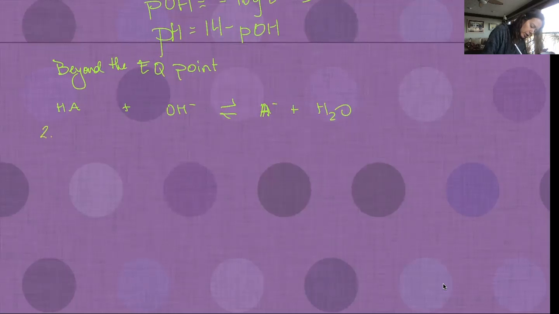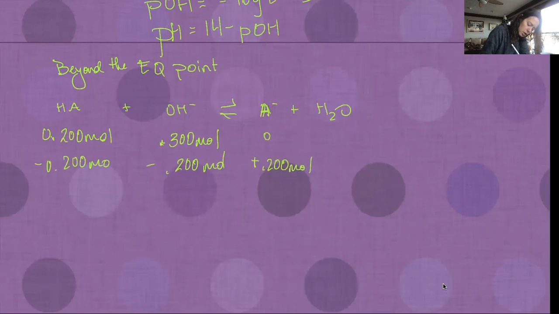We had 0.200 moles. Let's say that this was 0.300 moles. 0.200 moles minus 0.200 moles plus 0.200 moles. This turns into 0.100 moles and 0.200 moles.